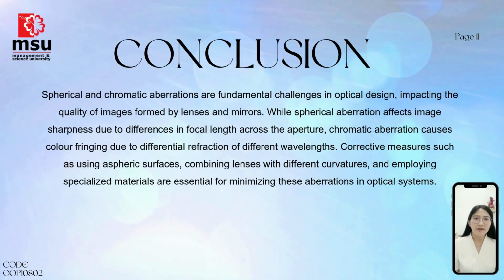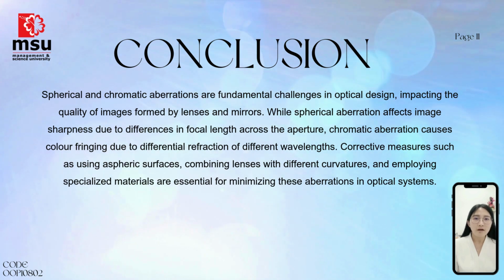Spherical and chromatic aberrations are inherent challenges encountered in optical design. They significantly influence the image quality produced by lenses and mirrors. Spherical aberrations affect image sharpness by causing variations in the focal point of light rays entering different zones of the lens.